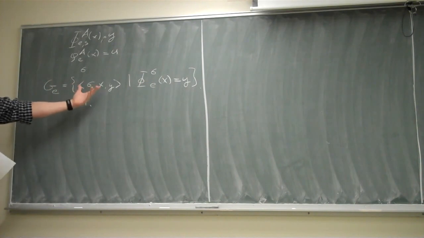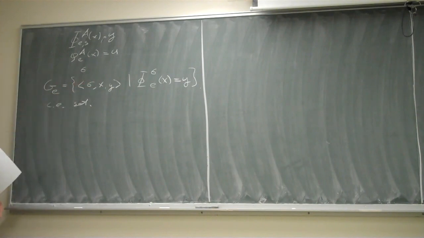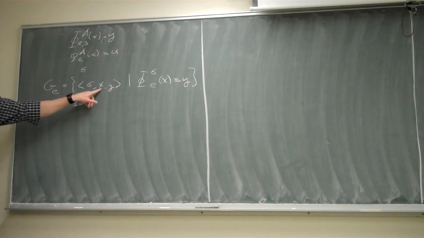But if you give me a CE set like this, then you can treat it as a functional by saying, okay, on input x, given some oracle A, I need to try and find out what is the output y.